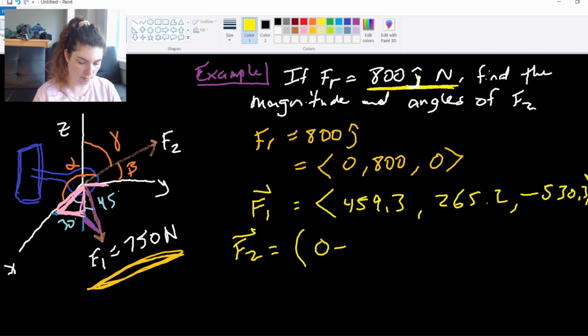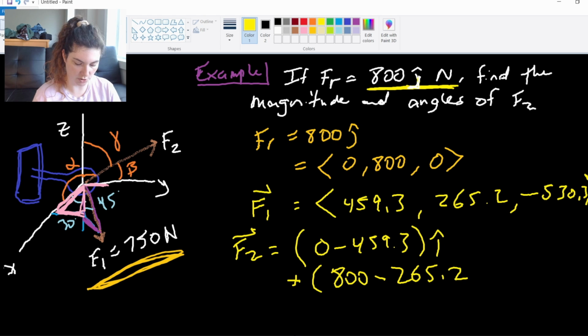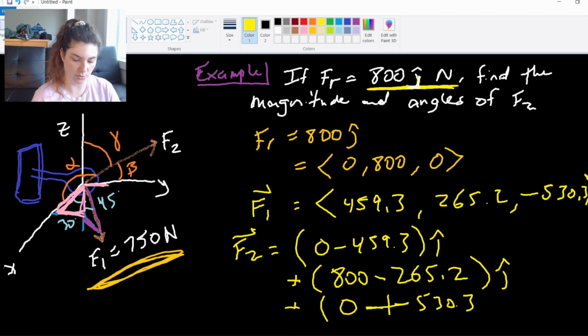So 0 minus 459.3 i hat plus 800 minus 265.2, that's our y components, that's the j hat, plus our z components, 0 minus negative 530.3. So this ends up being a positive since it's two negatives. That's our z component k hat.